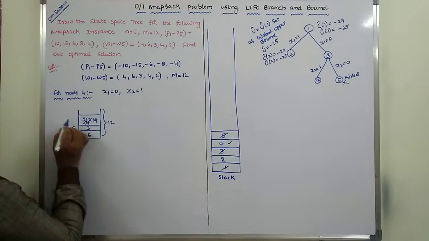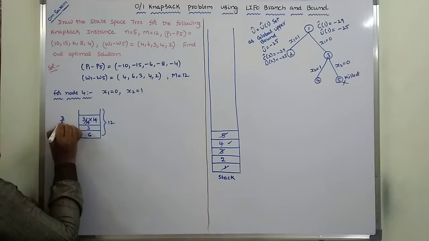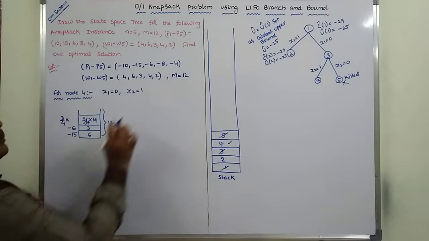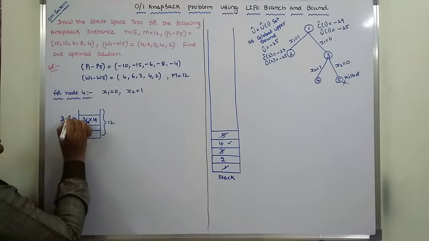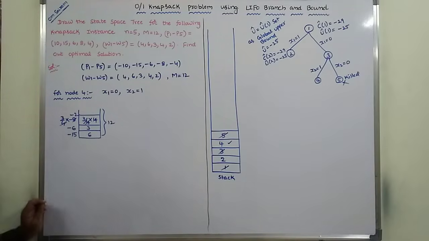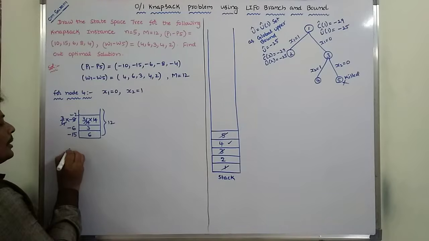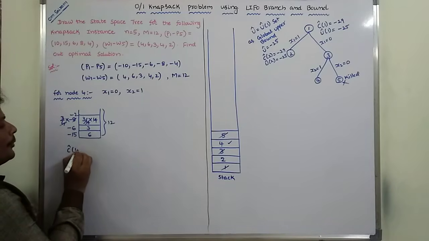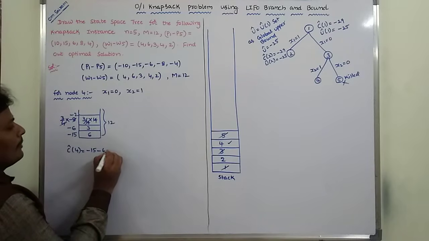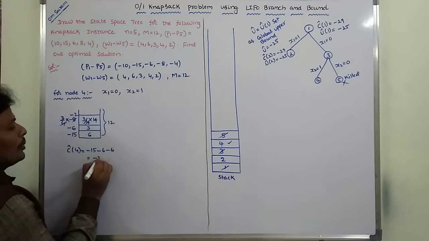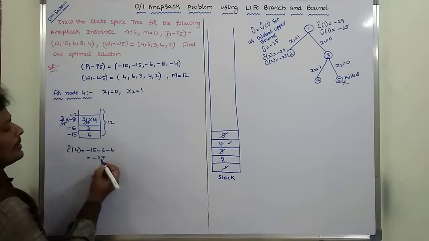Then the corresponding profit is 3 by 4th of the fourth object. The fourth object is -8, so 4 goes -2 times, and we get -8. Therefore C cap of 4 is equal to -15, -6, -6, so that is equal to -27.